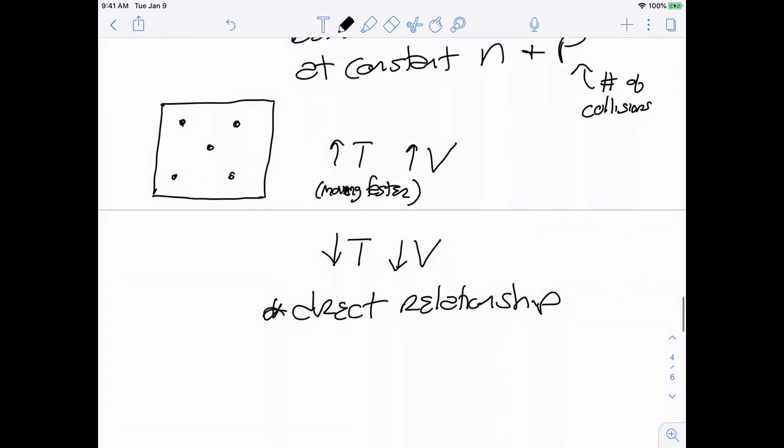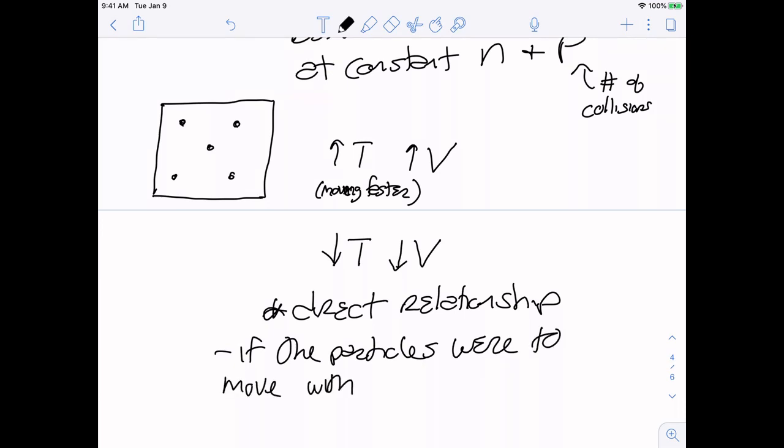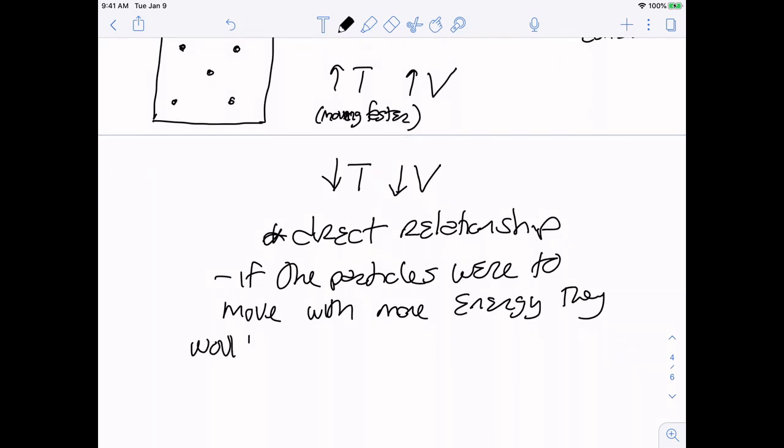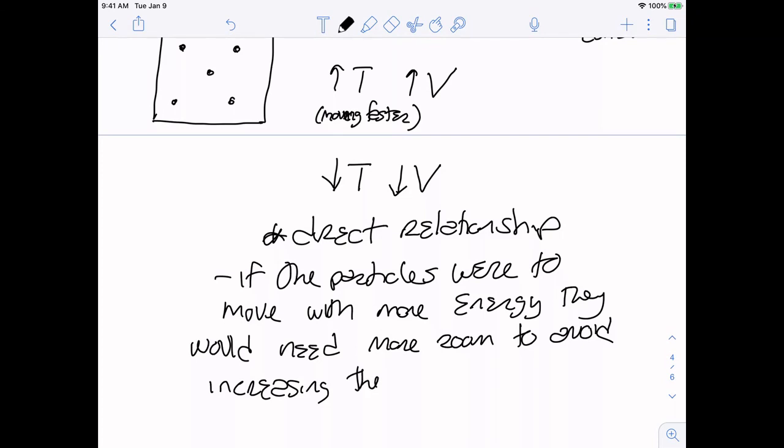If the particles were to move with more energy, they would need more room to avoid increasing the collisions.